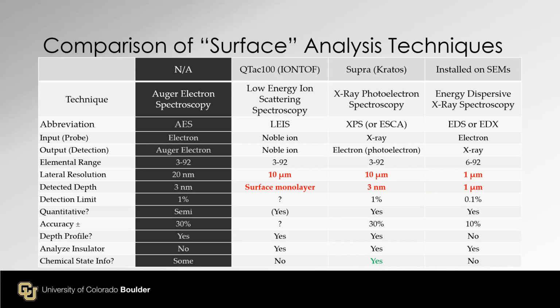Is there an Auger electron spectroscopy tool nearby in Colorado somewhere, Tomoko? I think Steve George's lab may have this attachment to their XPS. Right. But Auger is not a very popular technique because of the limitation, analyzing insulators.